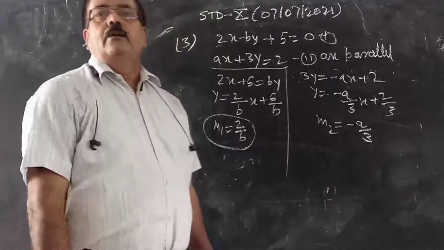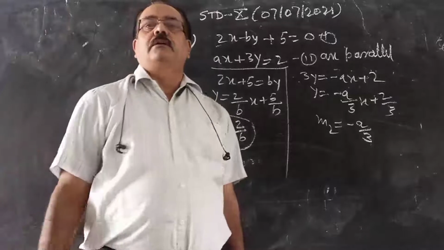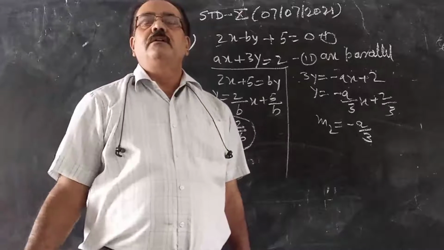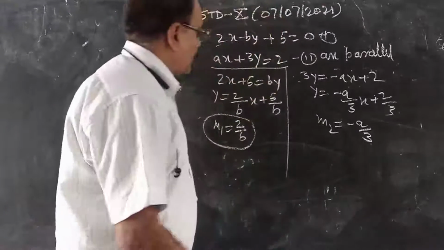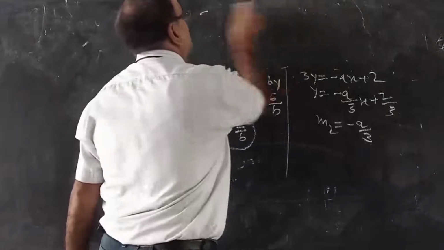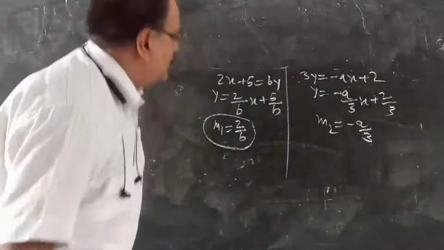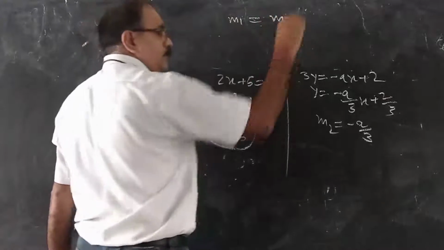Now these two lines are parallel to each other, and parallel means their slopes will be equal. To equalize the slopes, m1 = m2.